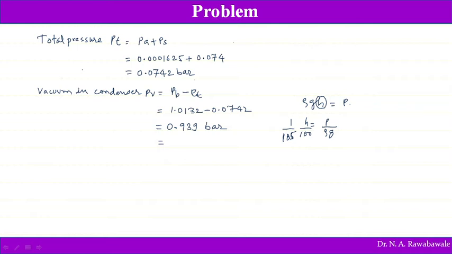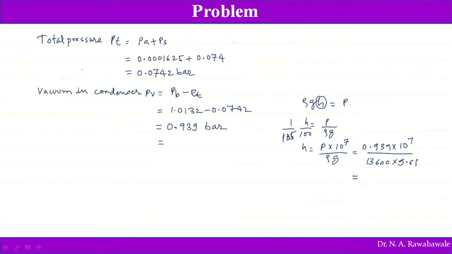So this term has to be transferred. h is equal to P into 10 to the power of 7 divided by rho g. So P is 0.939 into 10 to the power of 7 divided by the rho value, 13,600 into 9.81.